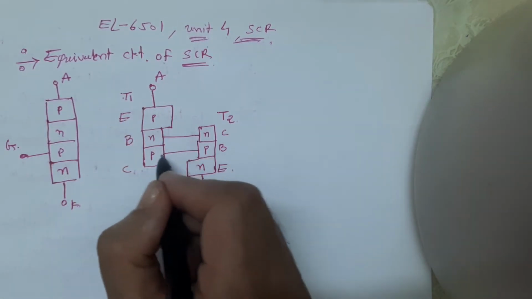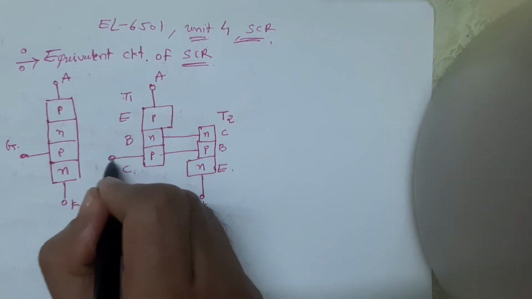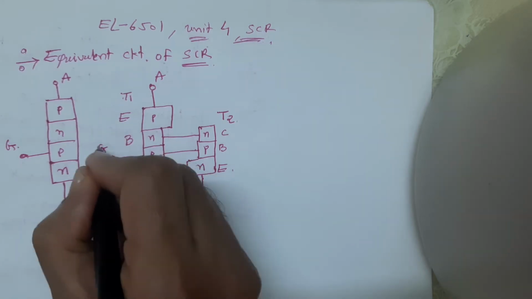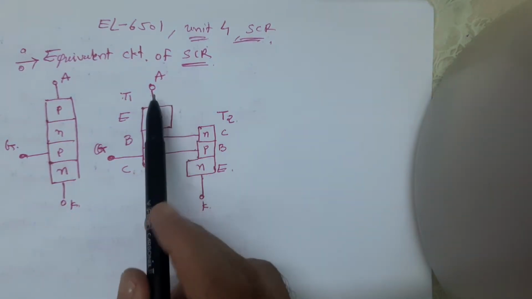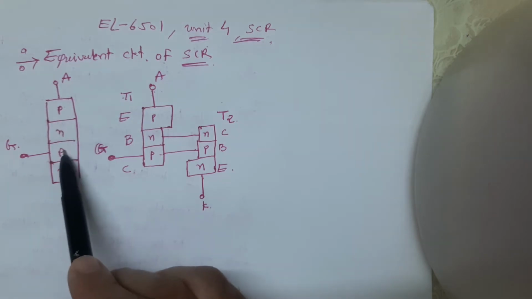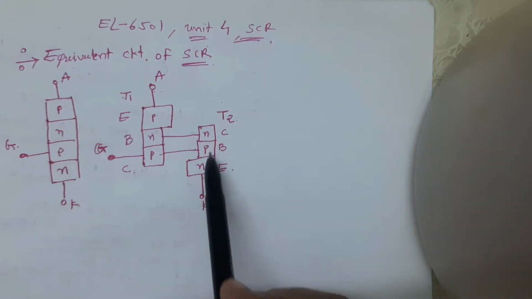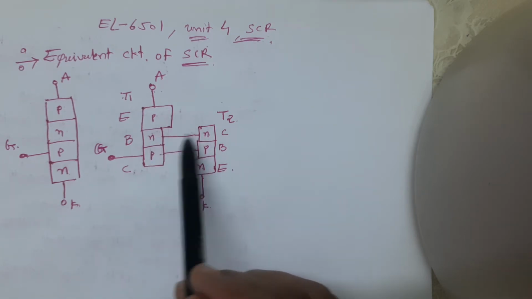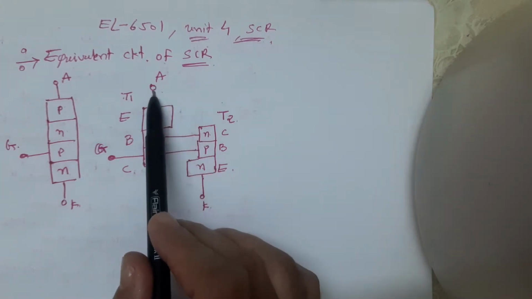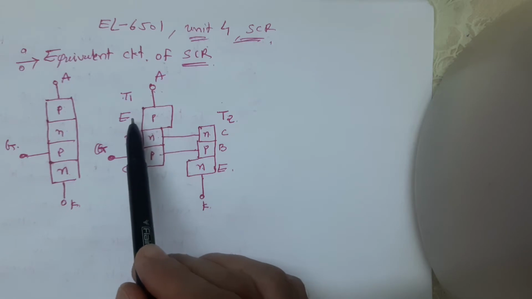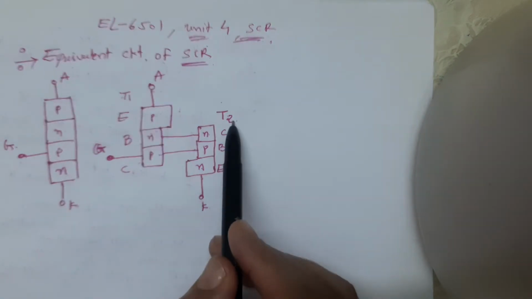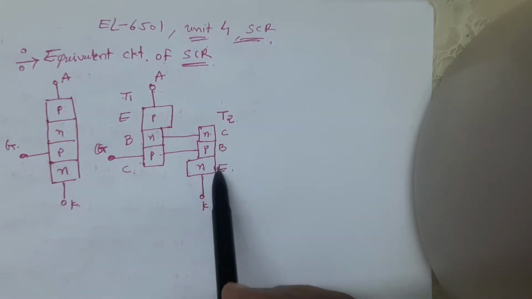And in this P to P connection, this is your gate. I repeat, two transistors, a PNP transistor and an NPN transistor, connected back to back. In the first transistor, this is your emitter, base, collector. Second transistor, this is your collector, base, emitter.